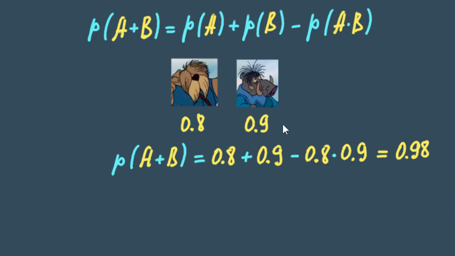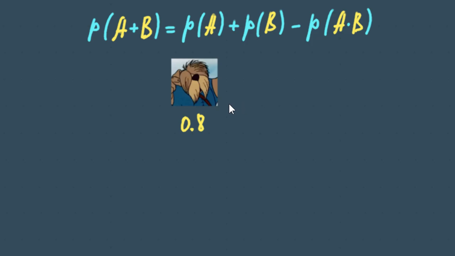Now let's find the probability when both shooters miss. But first let's consider what are the opposite events. Let event A be the shooter hitting the target. And event B is when the shooter misses. And these two events are opposite. Because here either one event or another occurs.